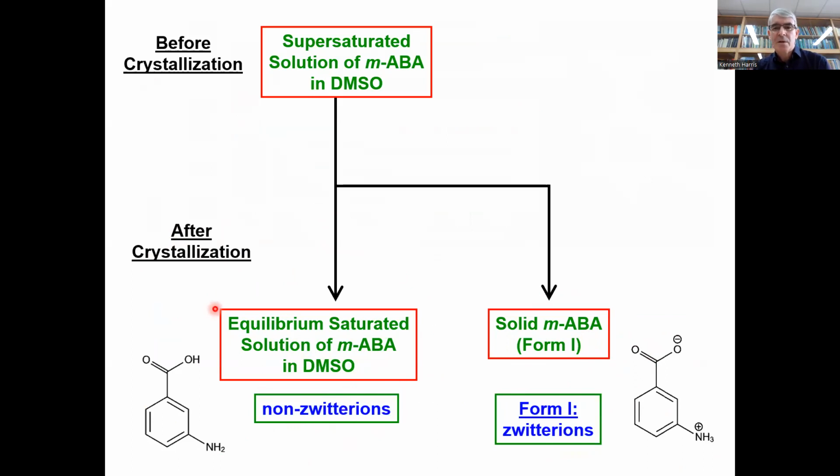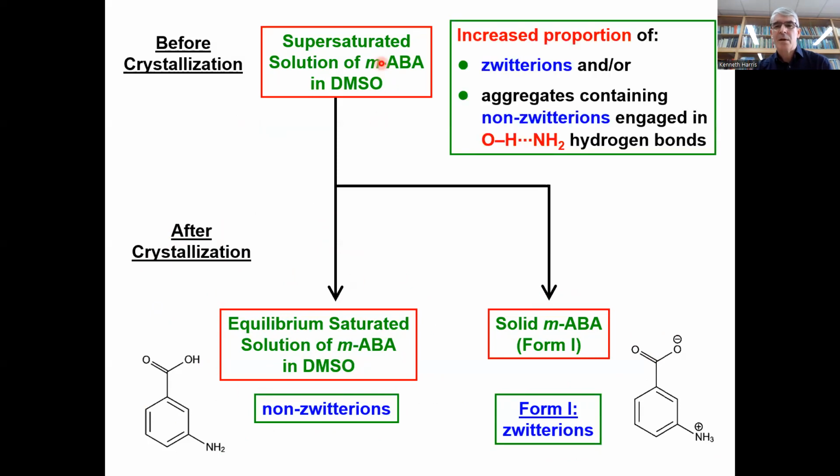And what we can tell from the changes in the liquid state NMR spectrum, working back in time, is that compared to the equilibrium saturated solution, the pre-nucleation solution contains an increased proportion of zwitterions and/or aggregates containing non-zwitterions engaged in OH-N hydrogen bonding.